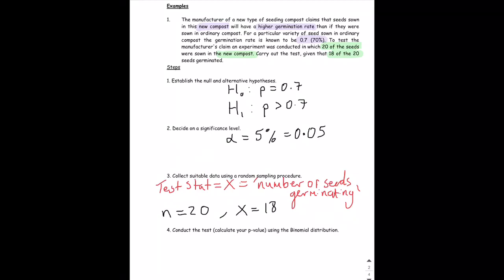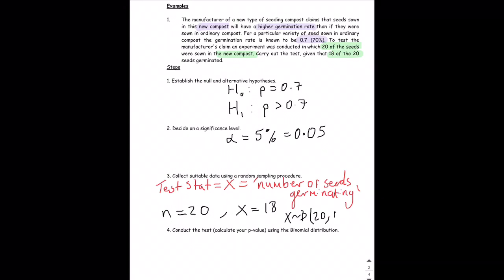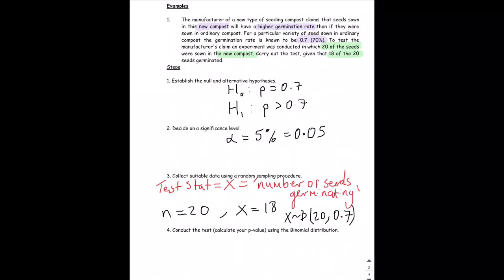So that gives us a binomial distribution: X ~ B(20, 0.7). We would expect under the regular conditions 0.7 of them to germinate. So for a hypothesis test, we assume that this is just regular compost because we know information about regular compost.